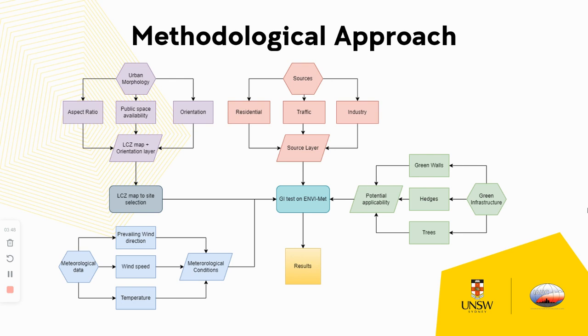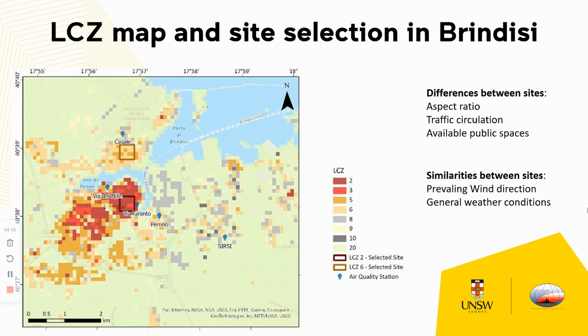And then industry: there's a cement industry, which is also a major contributor to air pollution. Then we put this in the environment, of course, and come up with different types of green infrastructure, hedges, trees, etc. And also look at meteorological data. There are two stations inside this city, so we have data from that. All of that feeds into the results.